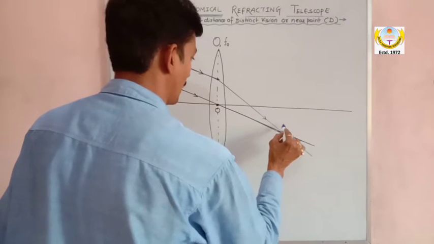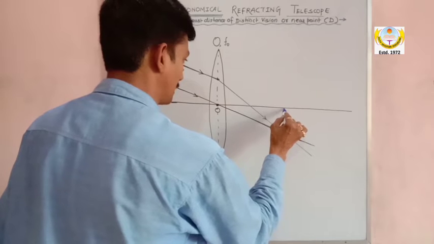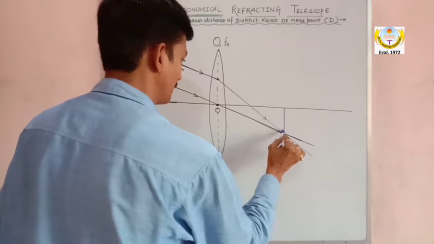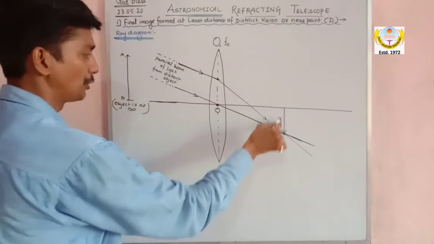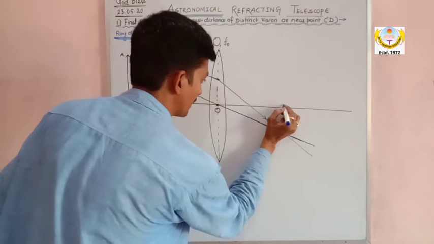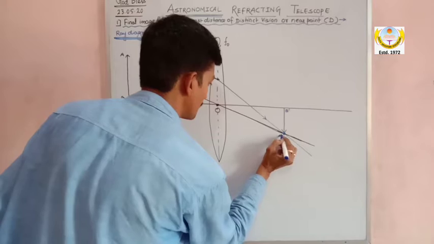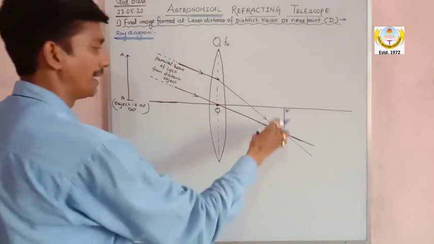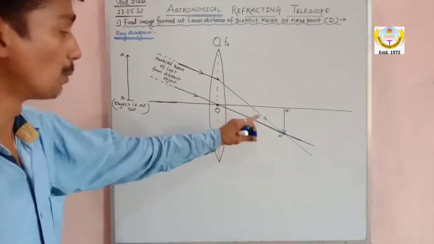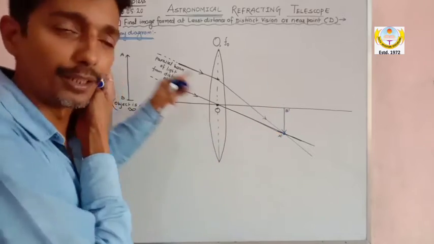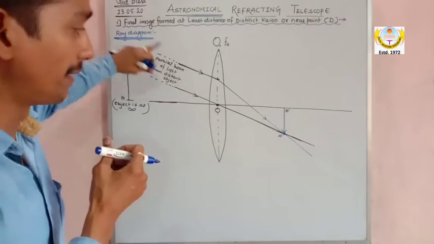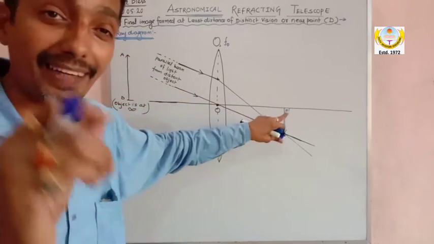Here, my dear, I can see the image formed by the objective. Say the name of the image is B dash A dash. And this image is real, inverted and diminished because light is coming from infinity. So the image is real, inverted and diminished, my dear.